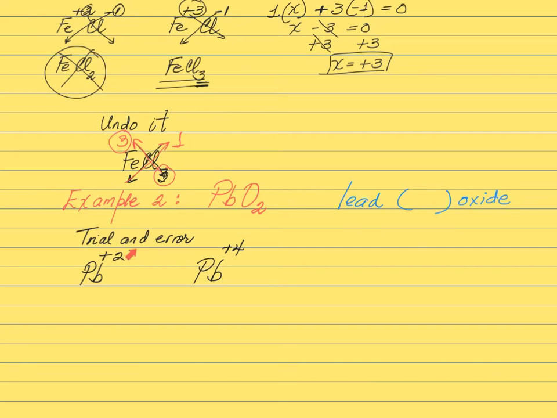Is it practical to use trial and error? I recommend that when you're naming an ionic compound made of a transition metal, if that metal has more than 4 oxidation numbers on your list, just use the mathematical approach. But in this case, lead has only 2, so I'm going to use trial and error. Then I'm going to continue.